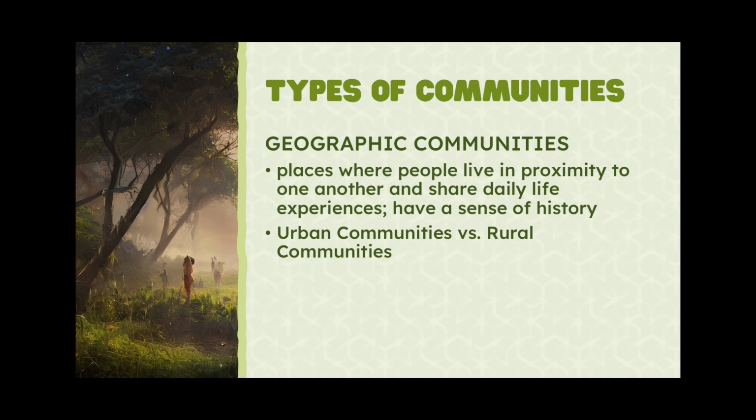The different units and elements of this community live in proximity to each other, and the proximity is what makes this a particular community, and also influences the functions of the people and the units and the elements in that community. And it's also very important to note that communities that are geographic in nature have a sense of history.